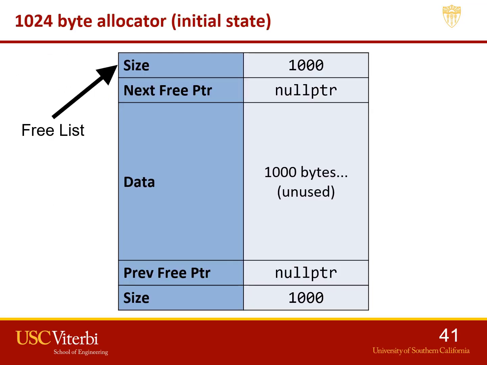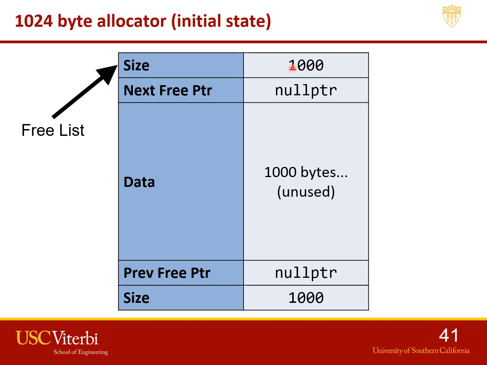For example, let's show an example of a 1K allocator. It's a very small allocator, but it shows the example of what we need. We'll start off with our 1K, and all of it is one big free block. Right now, from the beginning, we haven't allocated anything, so it's all available. It's all one big block.